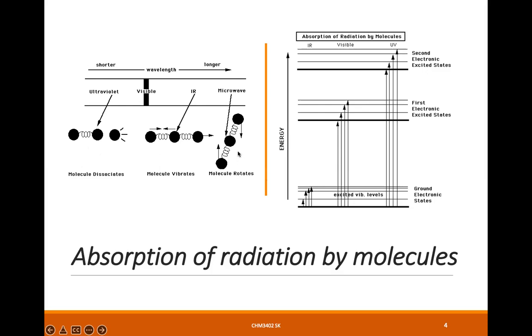And if it is in the region of microwave, they rotate. But we're not talking about microwave. Today, we are talking about electronic states as well as vibrational states only, before we can understand how fluorescence is produced.